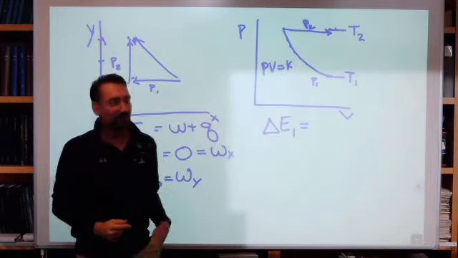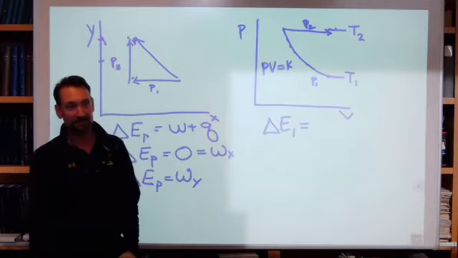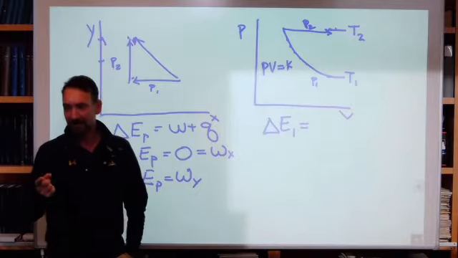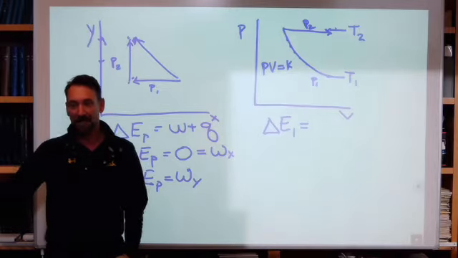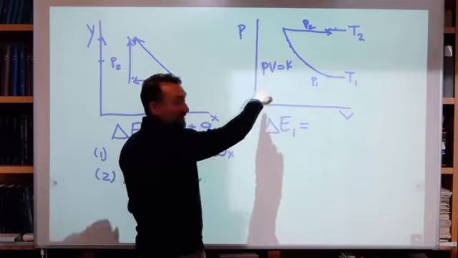Okay? So that's a parabola. P times V is a constant. Okay? And you know what that constant is? It's nRT. PV equals nRT. Just the gas law.